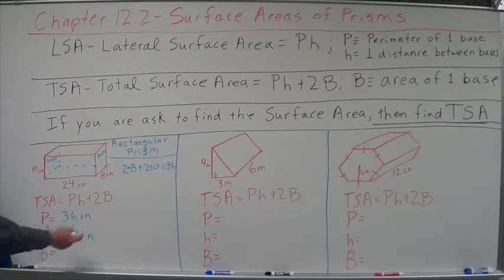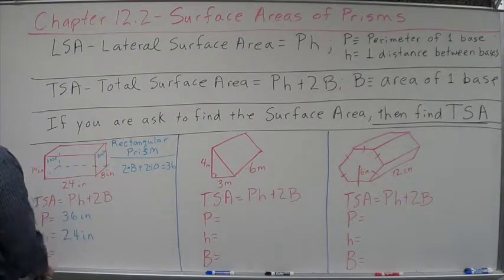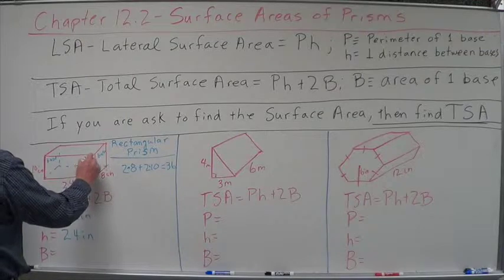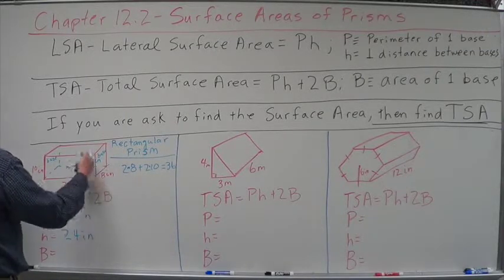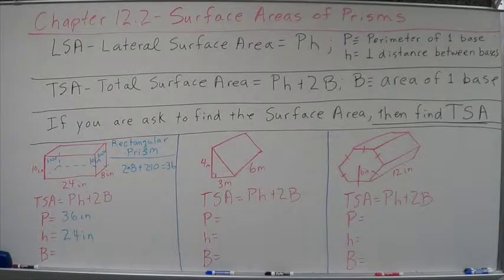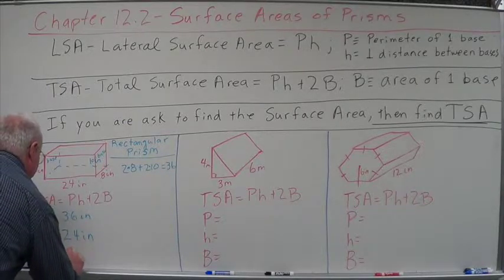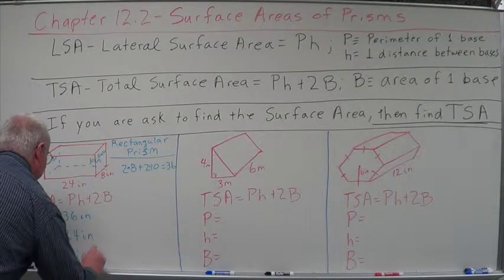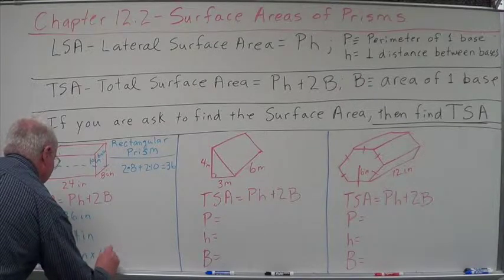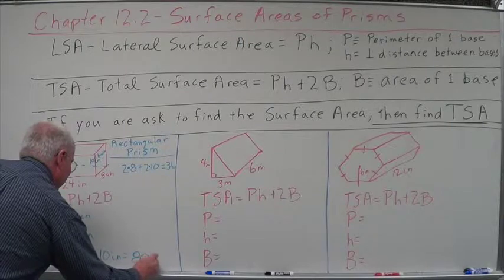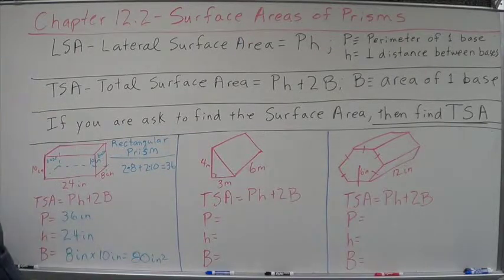What's big B? Big B is the area of the base. Well, one of those bases is 8 by 10, isn't it? 8 inches multiplied by 10 inches equals 80 inches squared.